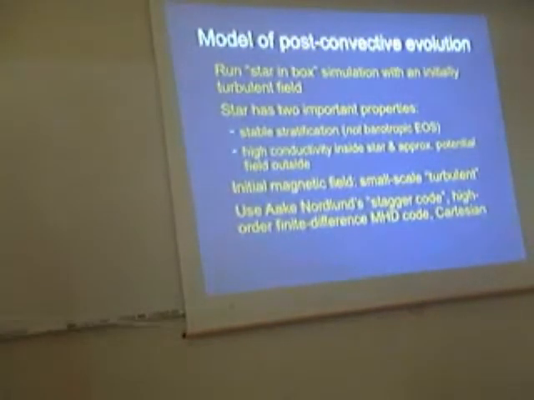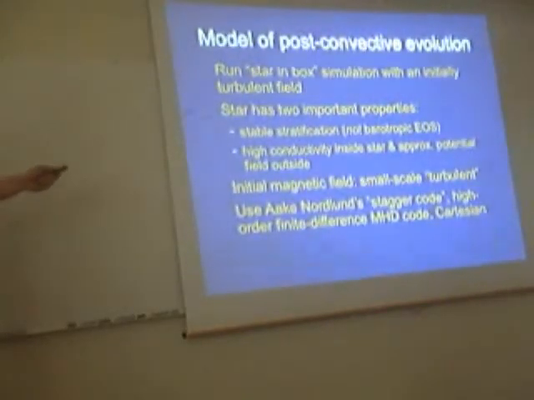Right, so the idea here, to model what happens when the convection switches off, is to run a simulation, a star-in-a-box simulation if you like, with an initially turbulent field, where the turbulence is not driven, and to see what happens to it.